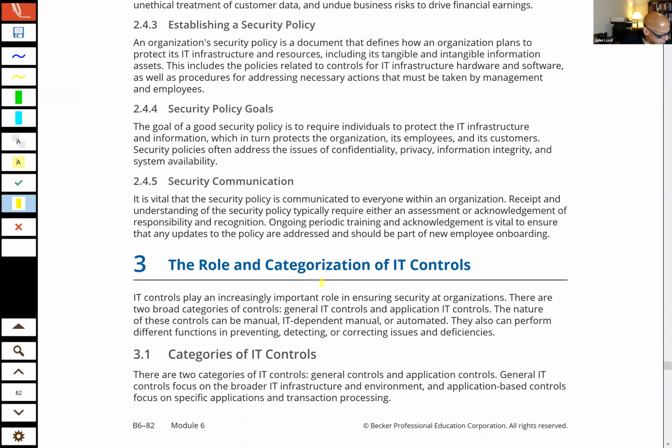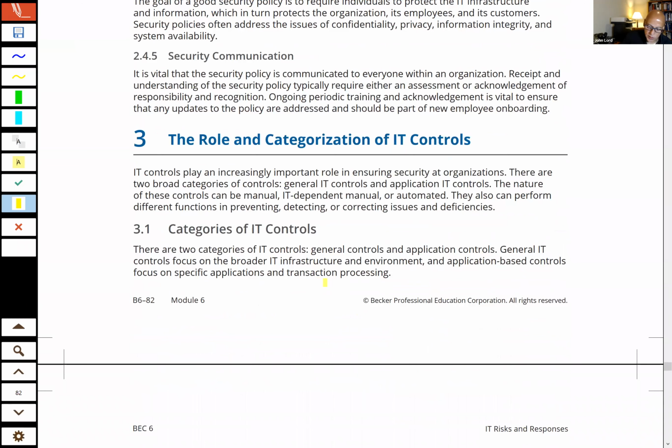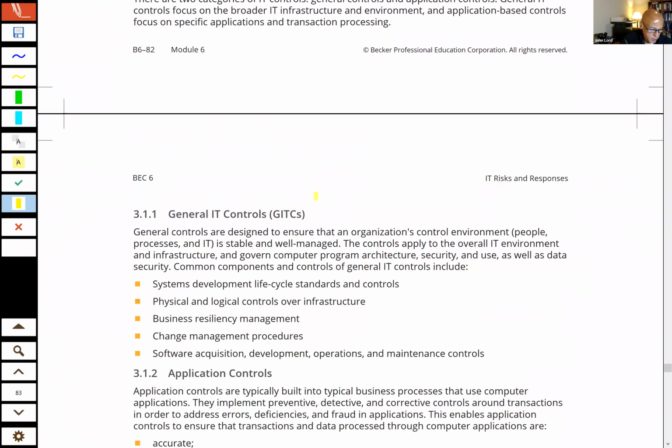So I want to just move into categories of IT controls, because they sort of keep going on and on about the different types of risk now as they relate to an existing system. But we've already talked about those categories of risk as it relates to a new system. So I don't see a lot of value added to going back through that. But now let's take a look at categories of IT controls for a system that is ongoing.